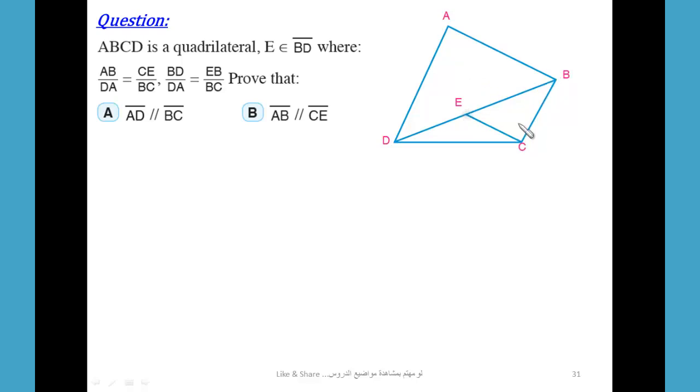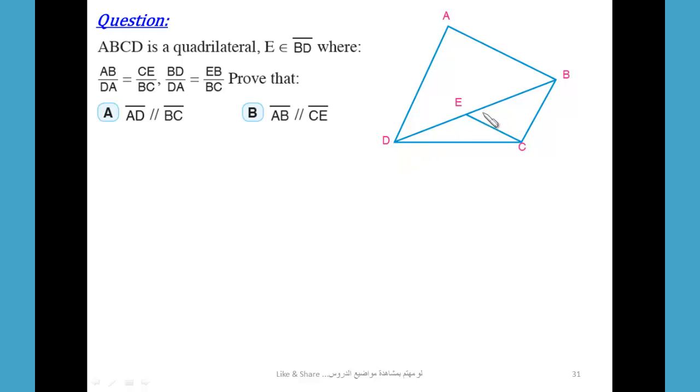If these two triangles are similar, you can say that angle EBC equals angle ADB in measure. And these two angles are in alternate position. Then you can say that BC is parallel to AD.